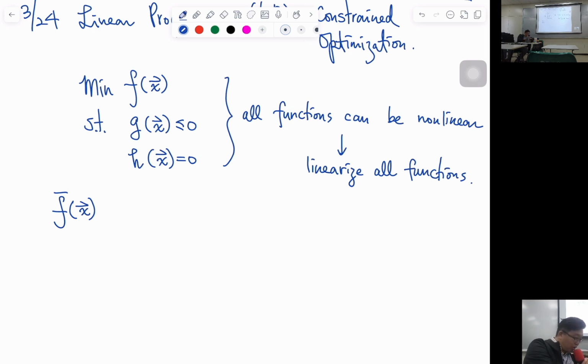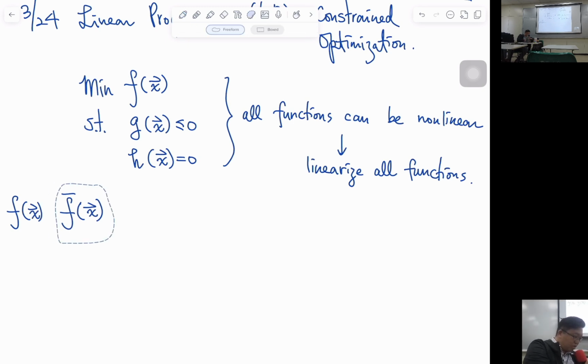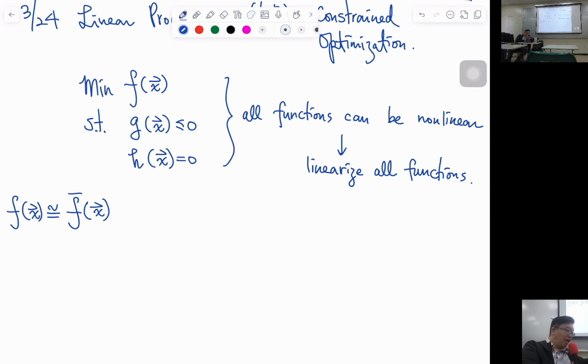You can say something like this: f of x is similar to f bar, and f bar is going to be the first order Taylor expansion. How do you write down the first order Taylor expansion? Here you can use any expansion point. So x0 is my expansion point.